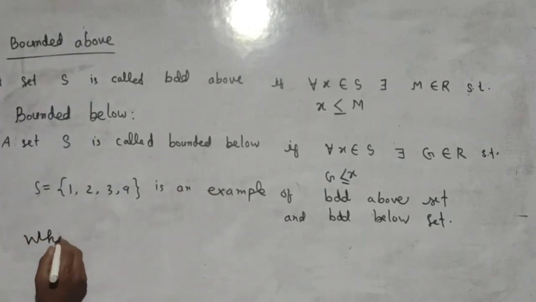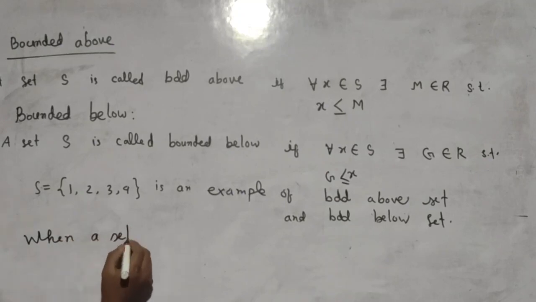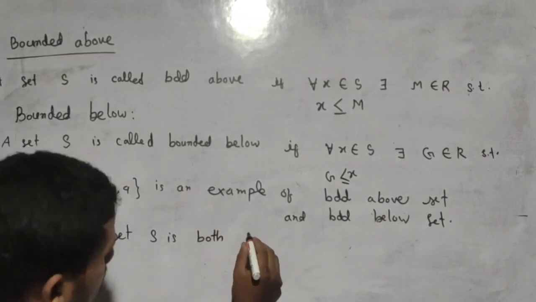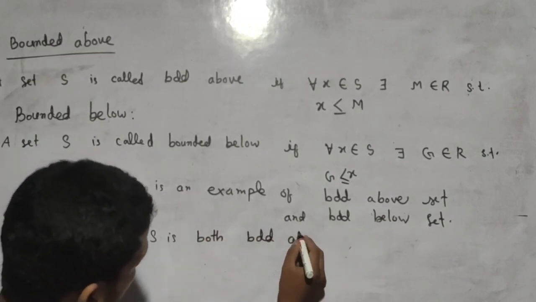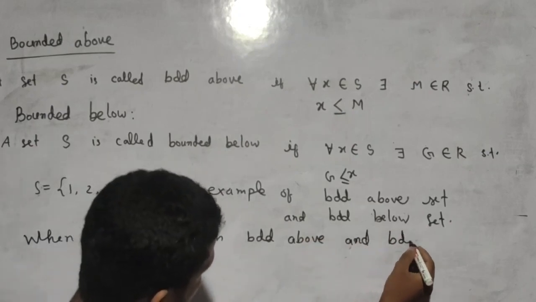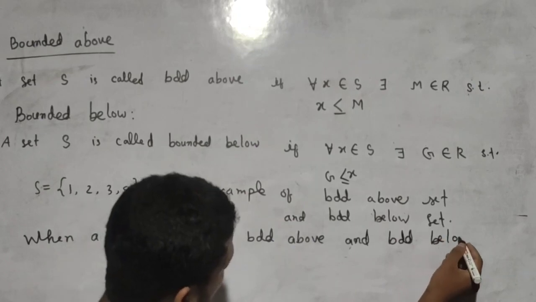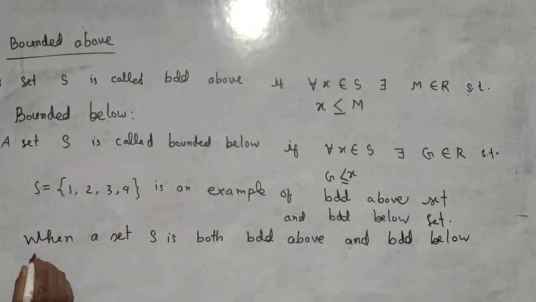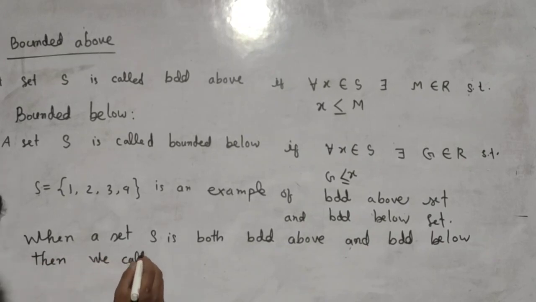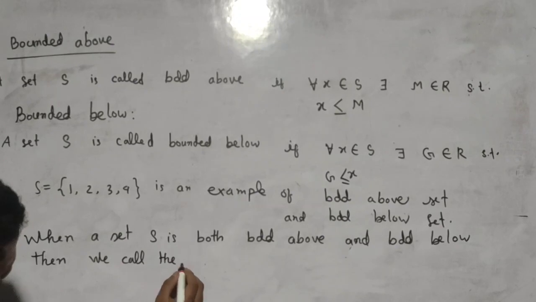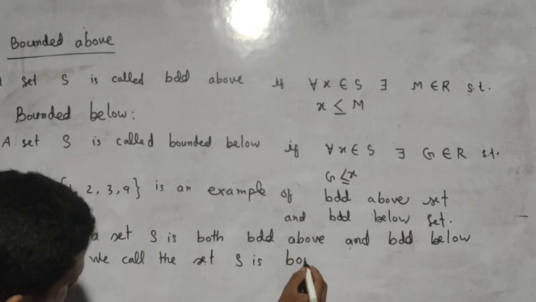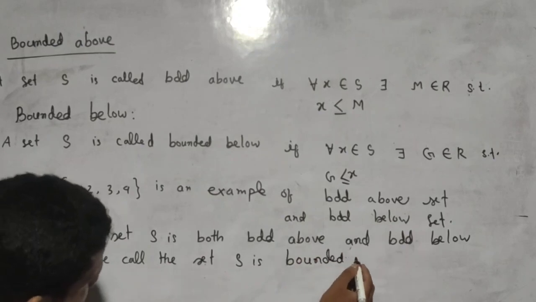When a set S is both bounded above and bounded below, we call the set S a bounded set.